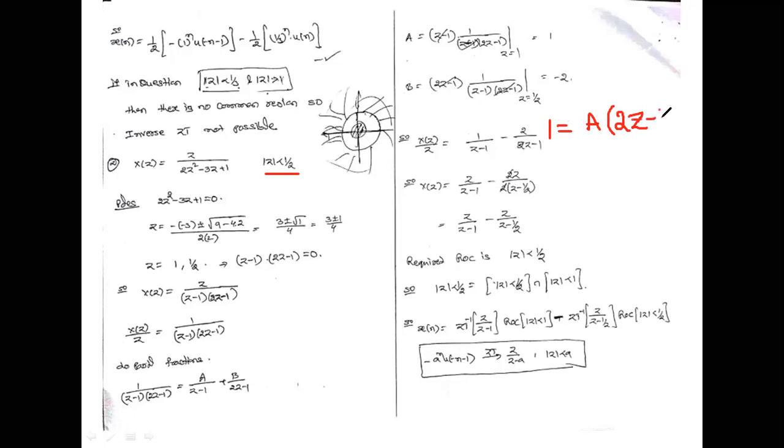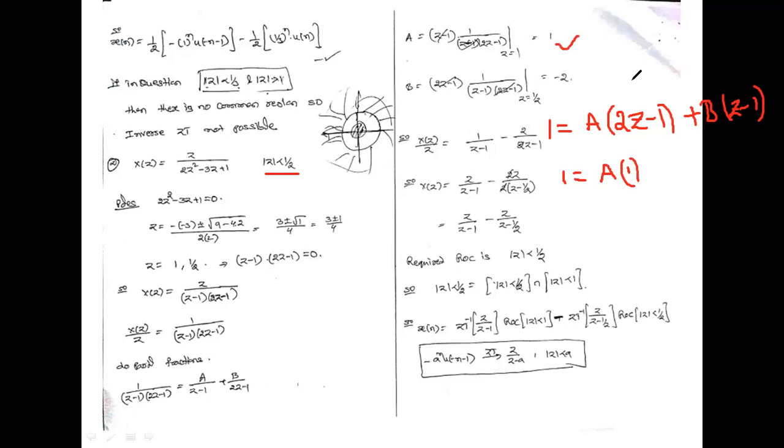Or otherwise, you can use 1 is equal to a into (2z minus 1) plus b into (z minus 1). Now compare the equations, or you can substitute z equal to 1: the second term becomes 0, and a into 2 minus 1 is 1, so a is equal to 1.